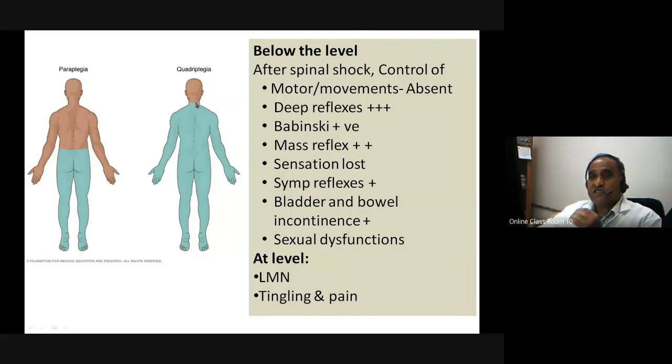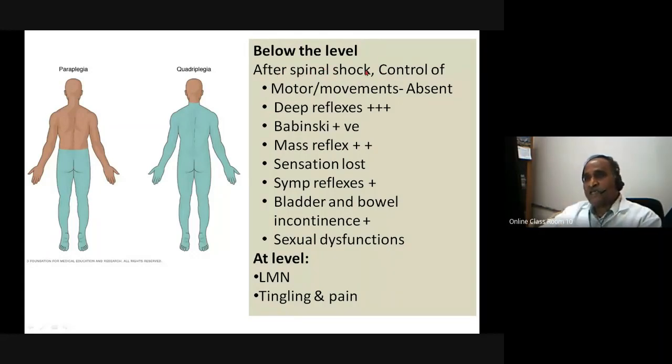In that condition, the person is not able to breathe and will die instantly unless he is put on a respirator, that means artificial respiration. Otherwise, the person does not survive. So that means lesions above C4; below C4, it is sustainable with life. Then what happens, whether in quadriplegia or paraplegia? Already I have described, there is a spinal shock.